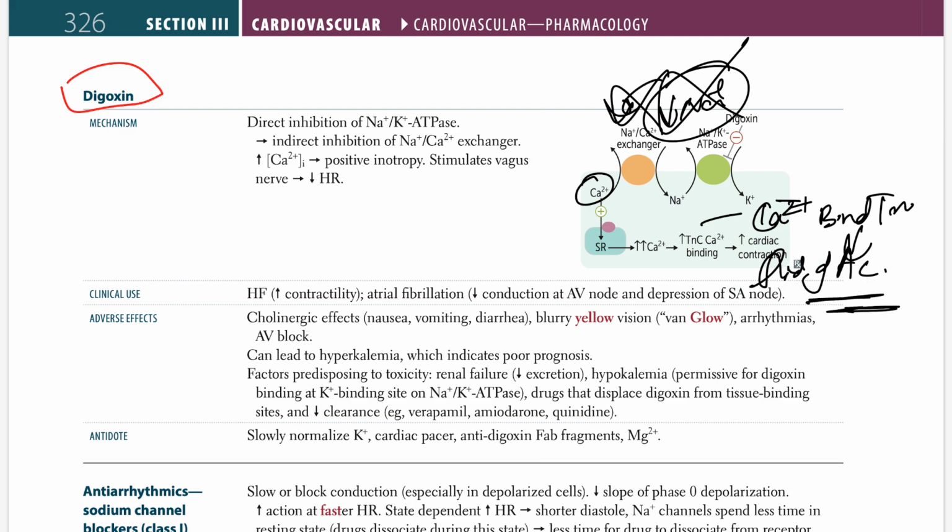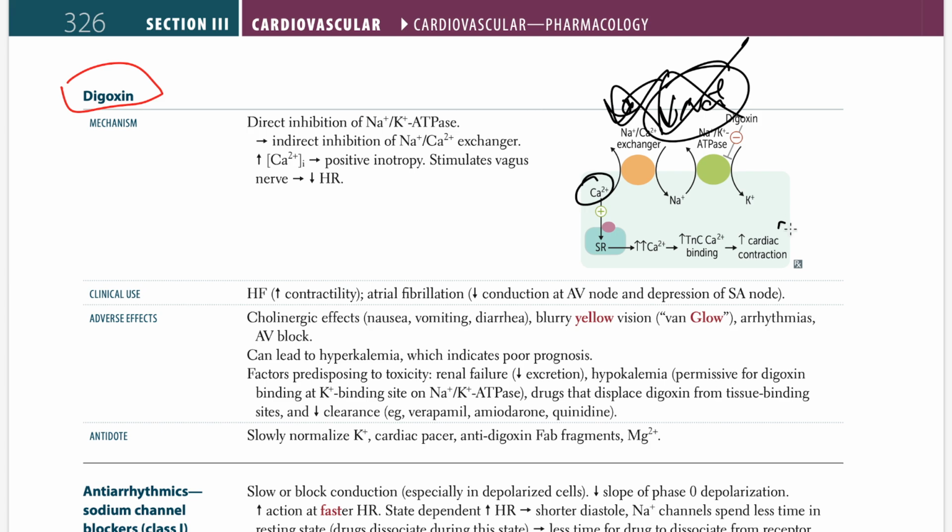So you have actin and myosin, and there's a sliding of actin and myosin, which is contraction. So where does the calcium bind? It binds to troponin C, right here. Troponin C. Okay, and that is a high-yield point. And that causes contraction. And that contraction, what terminology do we call it? Inotropy.